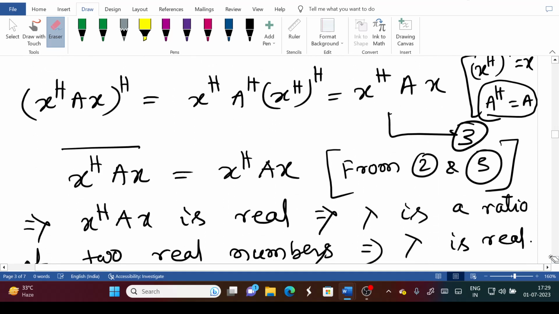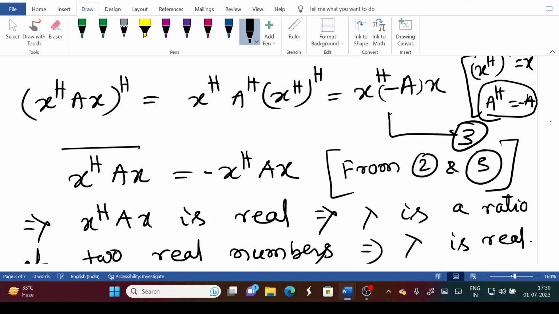Finally, here there will be minus A instead of A^H equal to A, and that minus will come here as minus. So z bar is equal to minus z. Hence z is either 0 or purely imaginary. Like this we will do. So write it once again neatly.